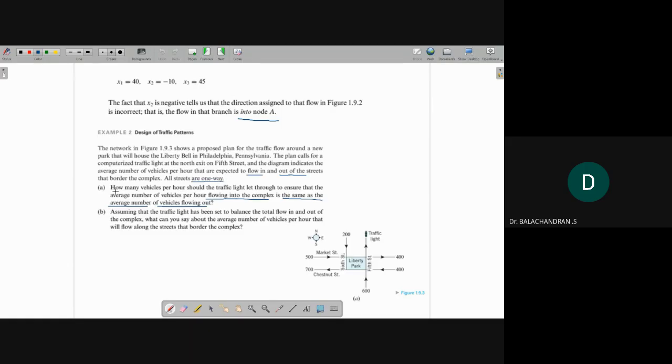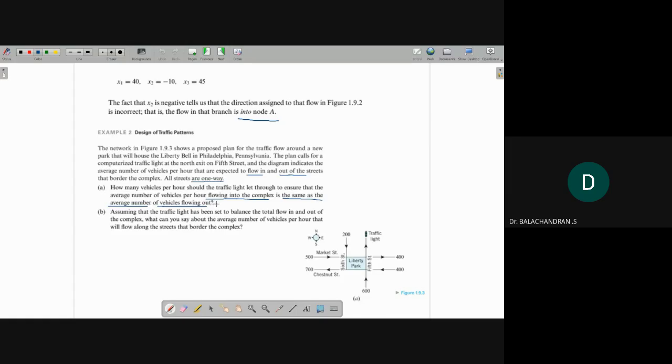Subdivision A: how many vehicles per hour should the traffic light let through to ensure that the average number of vehicles per hour flowing into the complex is the same as the average number of vehicles flowing out?